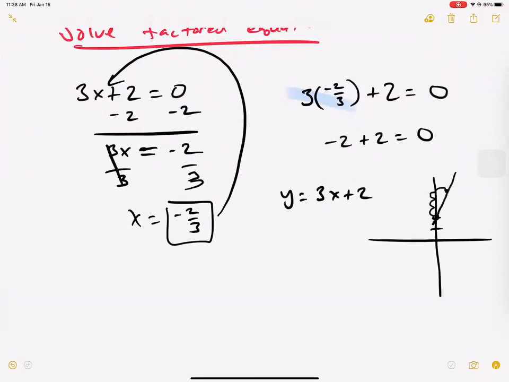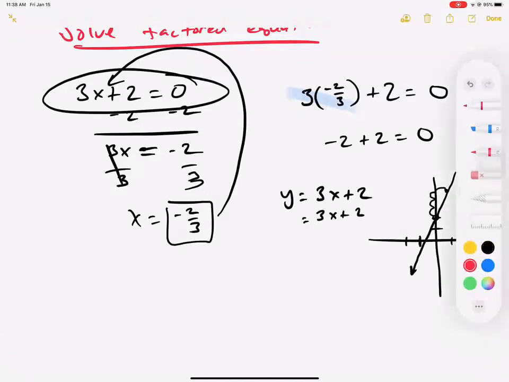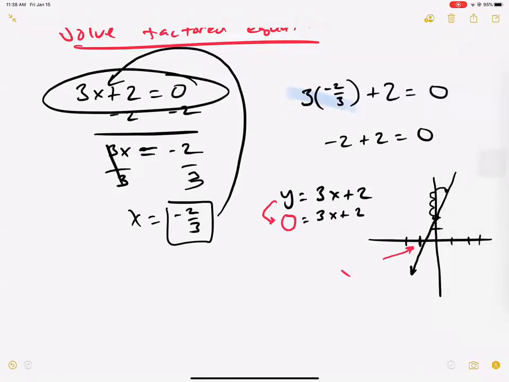We see a line here. So what does the statement 3x plus 2 is equal to 0 mean? That means y is 0. And when y is 0, that's what we call the x-intercept.